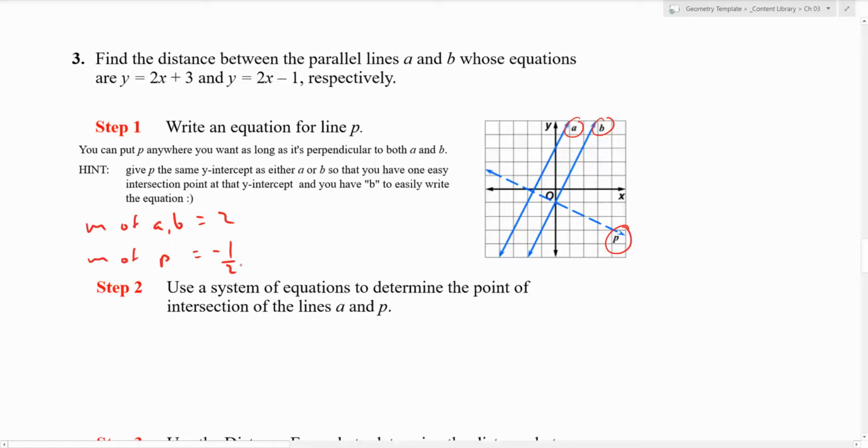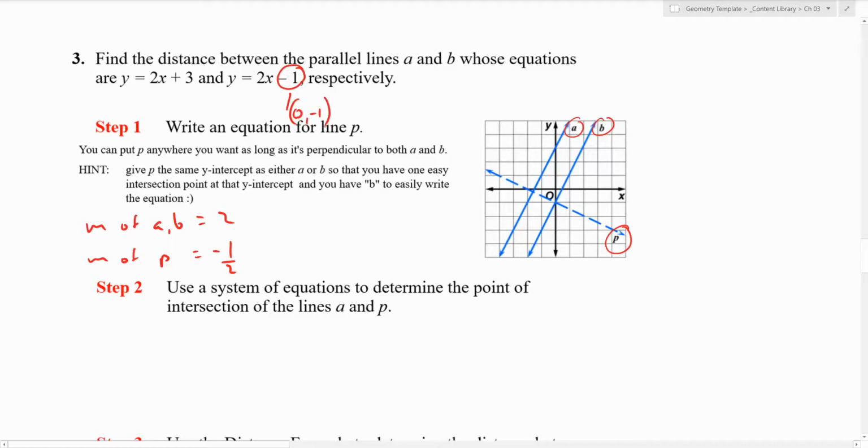Now, let's use a point on line P. It can be any point, and our point slope formula to get the equation of line P. So it looks to me like the y-intercept of line B is negative 1. So that would be point 0, negative 1.